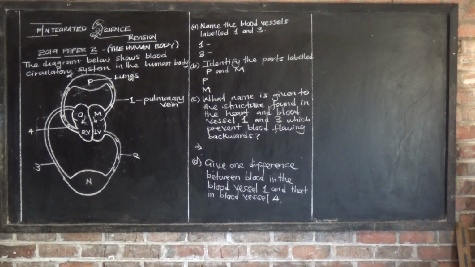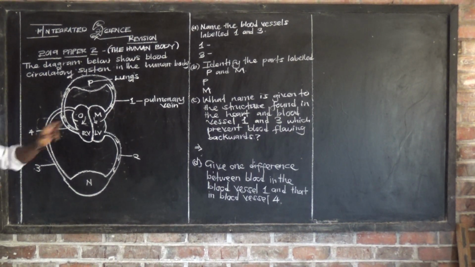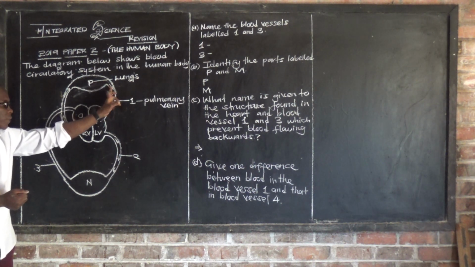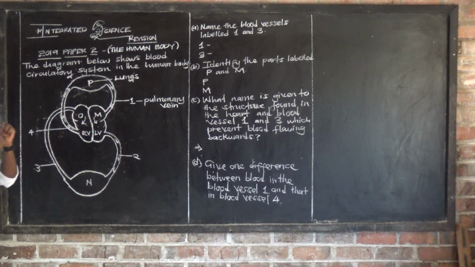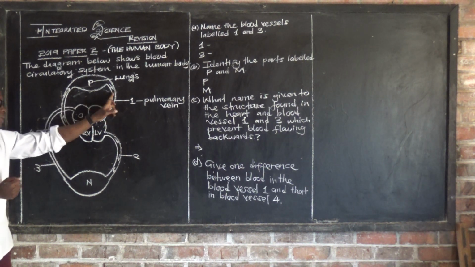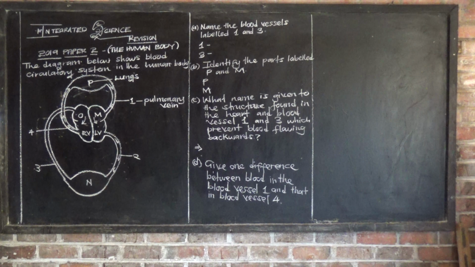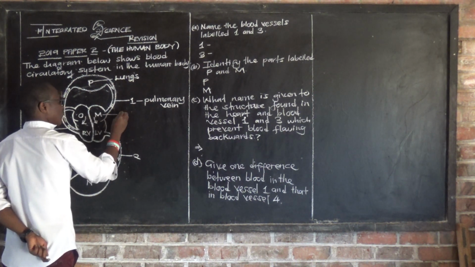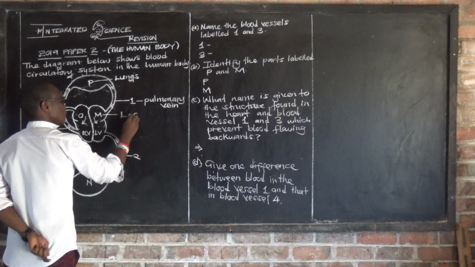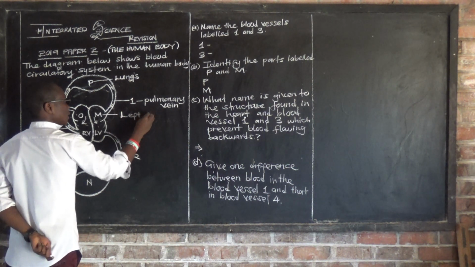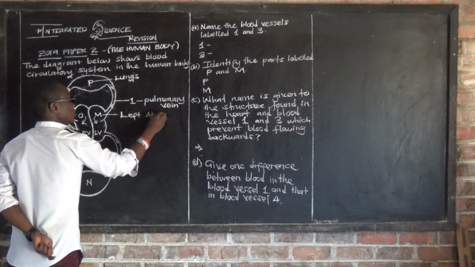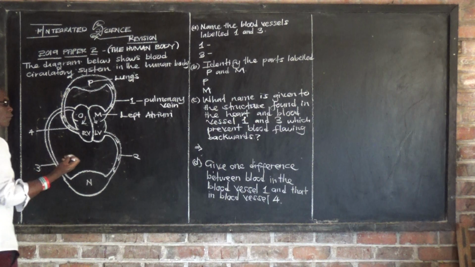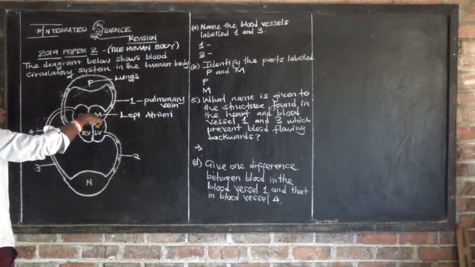The chamber which receives oxygenated blood from the pulmonary vein is called the left atrium. So M is our left atrium.